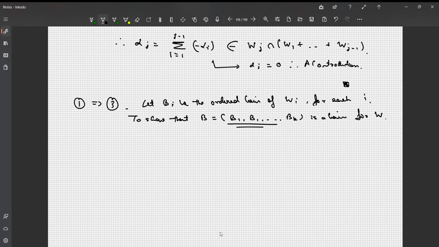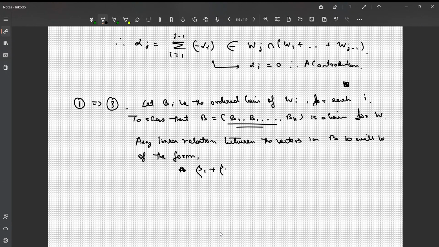Basically, we can think of it in this form: any linear relation between the vectors in B will be of the form beta 1 plus beta 2 and so on till beta k is equal to 0, where each beta i is a certain linear combination of the alpha j's.